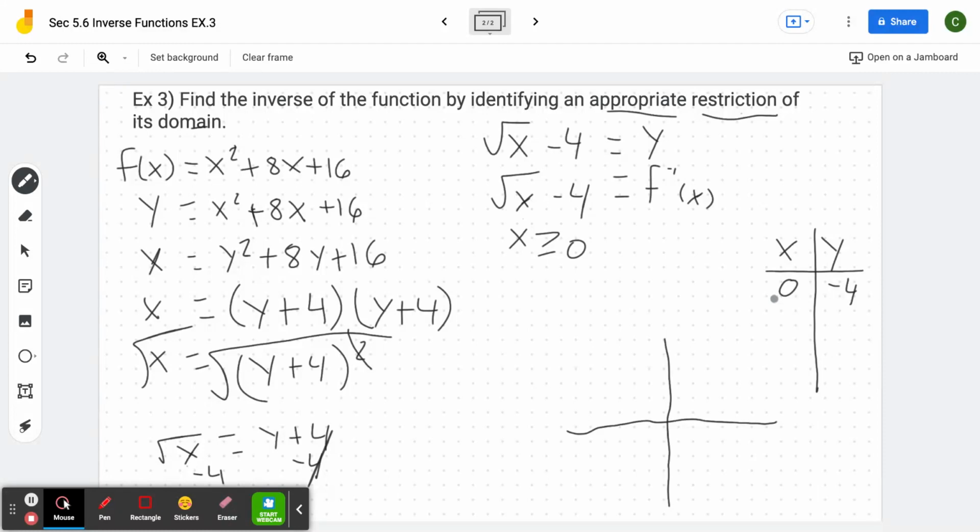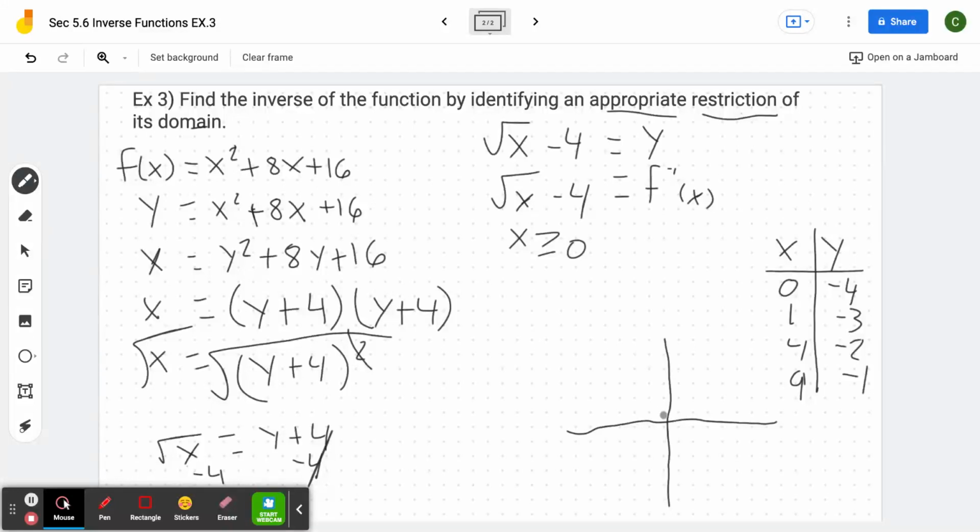So if I choose 1, the square root of 1 is 1. 1 minus 4 is negative 3. The square root of 4 is 2. 2 minus 4 is negative 2. The square root of 9 is 3. 3 minus 4 is negative 1. And so forth. I can do 25, but that's going to be way off my graph here.